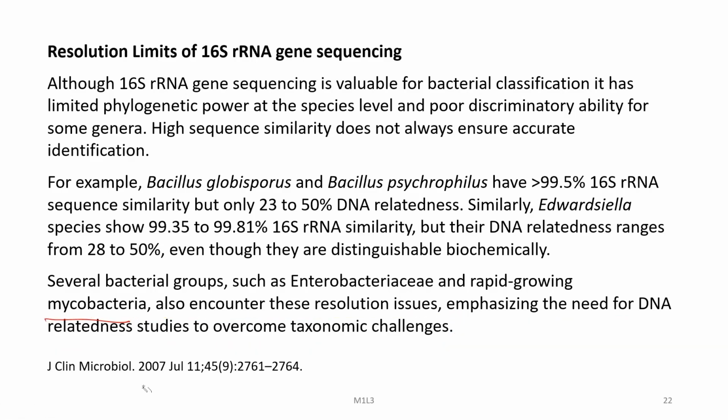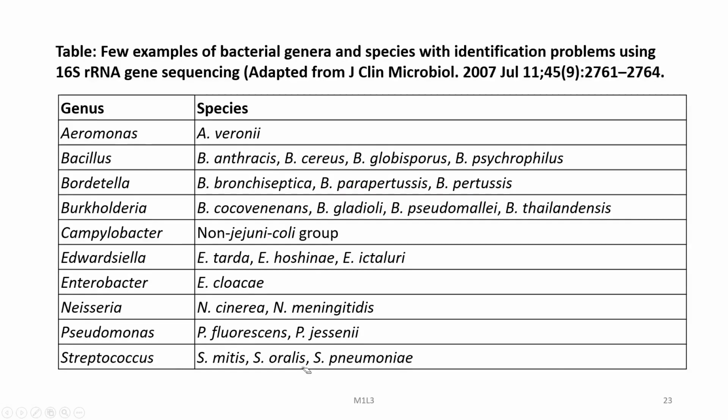So, while using tools like 16S rRNA, we should be a little bit cautious and always look for DNA relatedness in parallel experiments. This table lists some examples of bacterial genera and species with identification problems while using 16S rRNA gene sequencing.